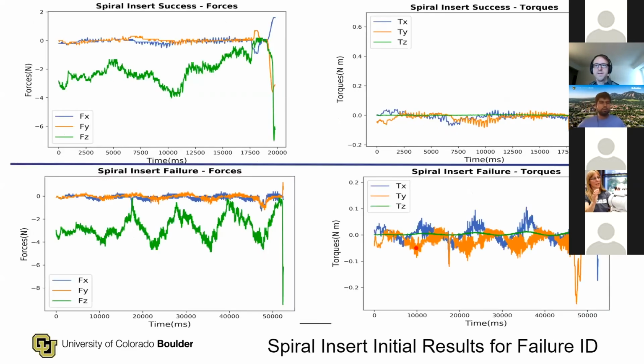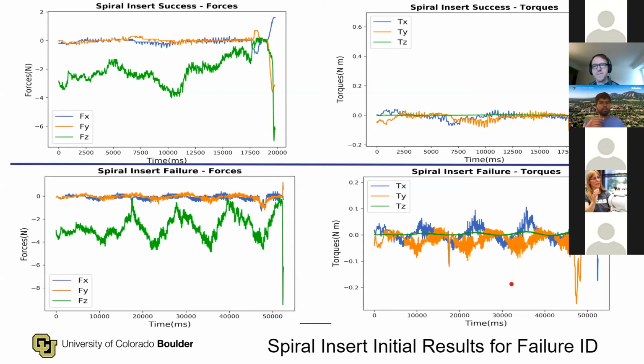So the qualitative features that were presented in our previous experiment are not as evident as in this experiment. Here we see for the spiral insert, both the successes and the failures have a periodicity in the force and the torque plots. This indicates the spiral insert.